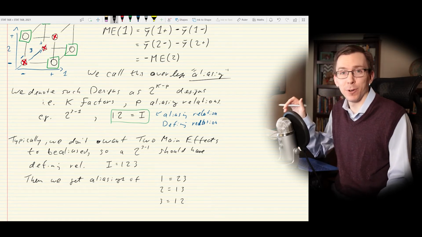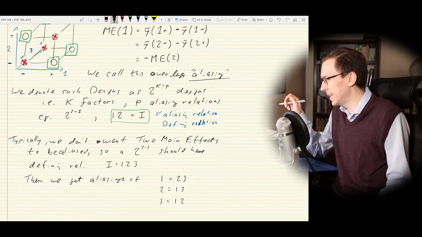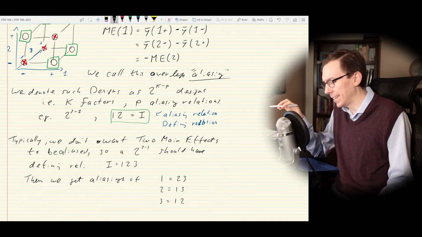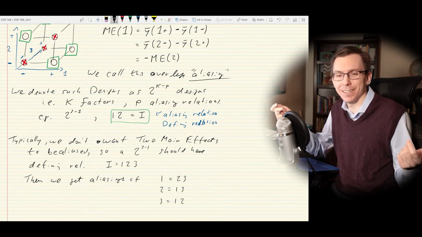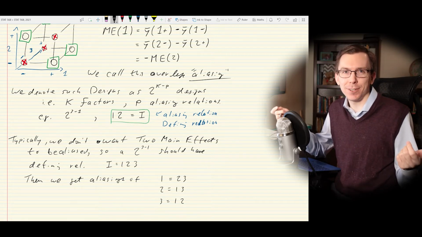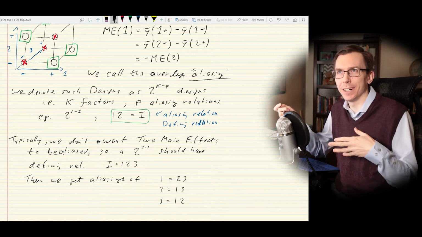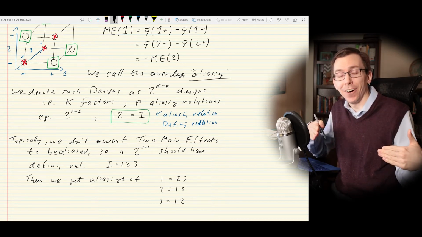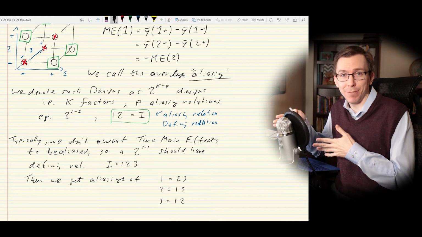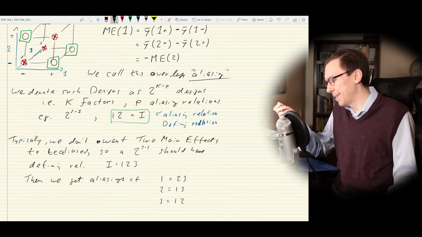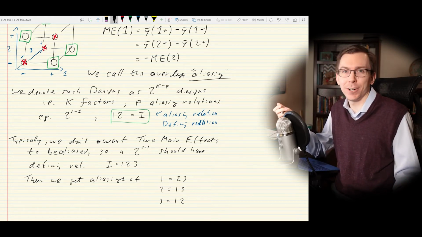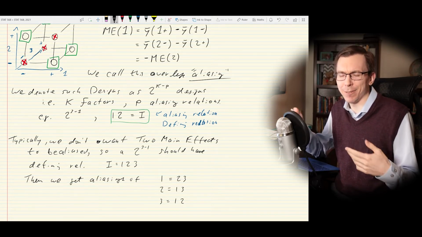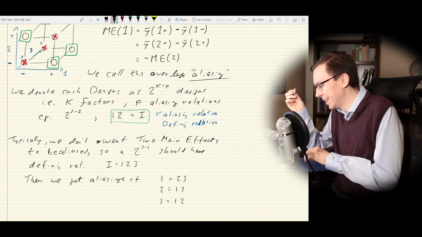We'll discuss a lot more about this in the next subsection, but I just wanted to explain that if you had a design, this would be the best way in some sense to create a fractional 2 to the 3 minus 1 fractional factorial design, because now all the main effects are aliased with a two-way interaction effect. It's not great, but it's better than the alternative, which is having two main effects aliased together, which is not going to be a good time for anyone.